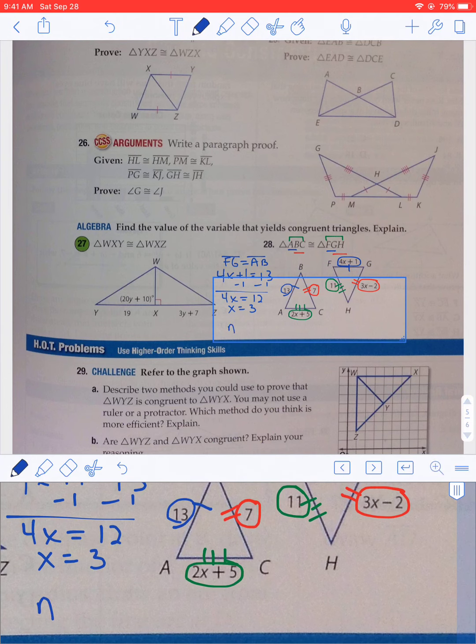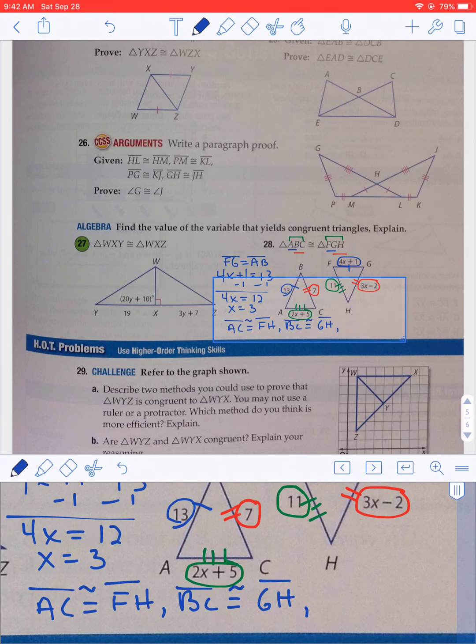They want us to write out AC is congruent to FH, BC is congruent to GH. And then they also want us to write out, let's see, what have I left out? BC I did, so AB I think I left out. AB is congruent to FG.